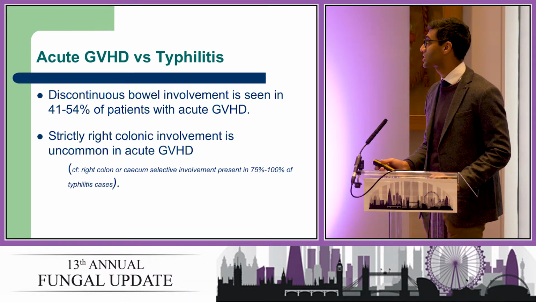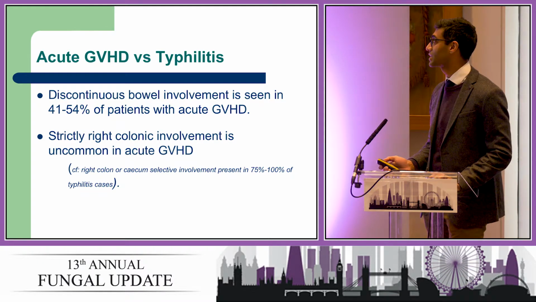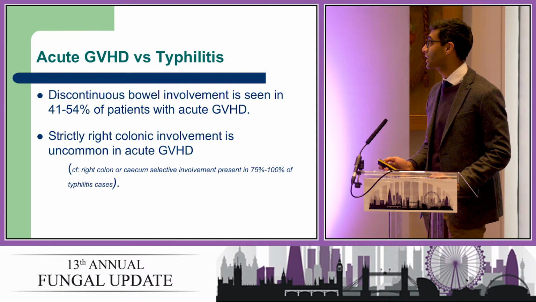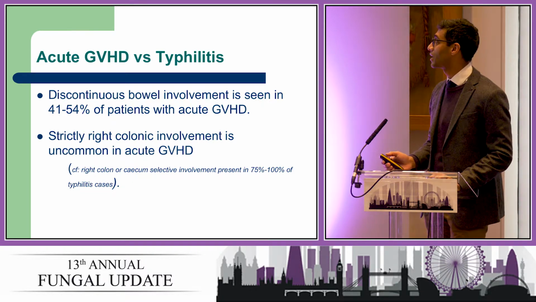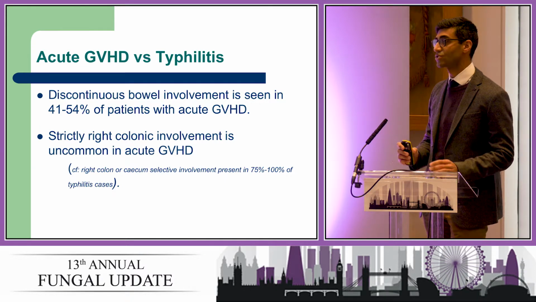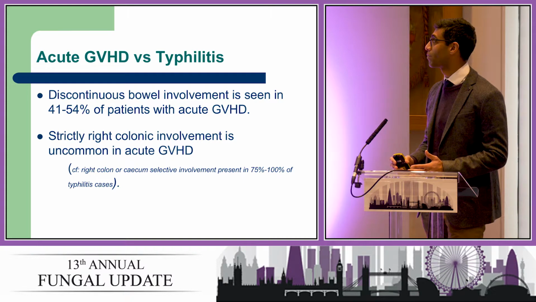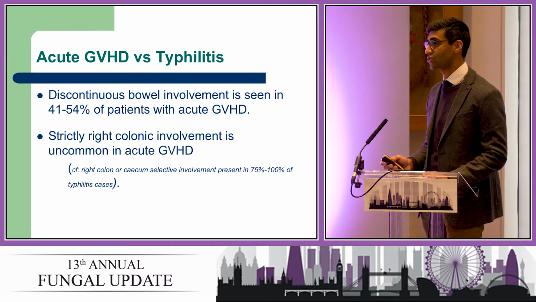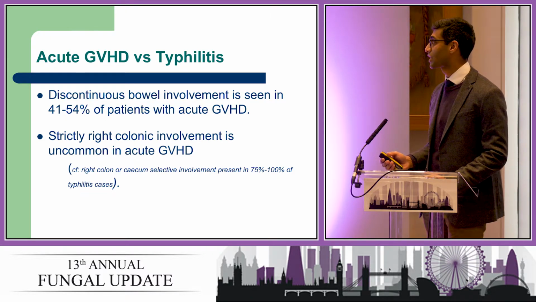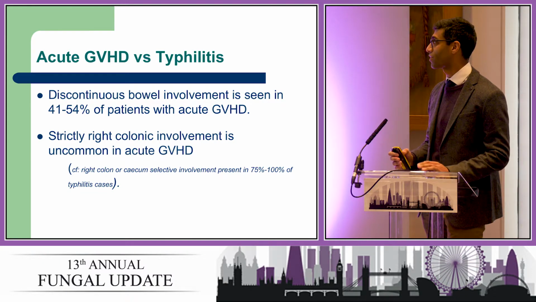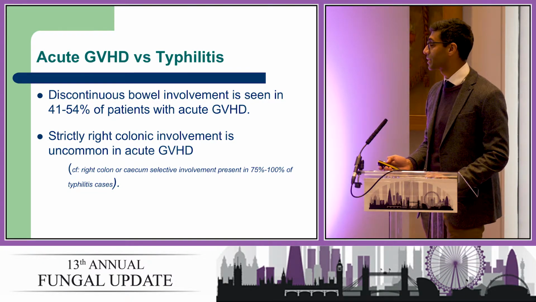But it affects the right side of the colon and selectively the cecum and the terminal ileum in a high proportion of patients. Whereas in gastrointestinal or acute graft versus host disease, you've got discontinuous segments of bowel, potentially segments of colon, as well as small bowel that are affected. And strictly speaking, you don't get right-sided colonic involvement in acute graft versus host disease. You may get descending colon and small bowel involvement, but the right side of the colon typically is spared.